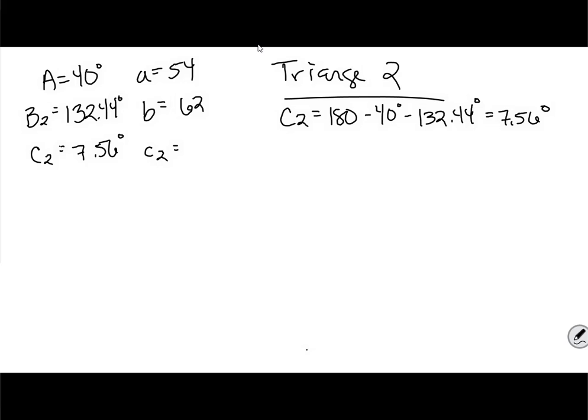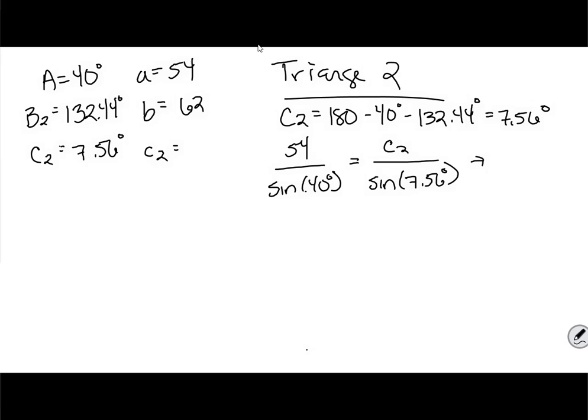That ratio is side A, which is 54, divided by the sine of angle A, which is 40 degrees, and that equals C2 divided by the sine of angle C2, which is 7.56 degrees.